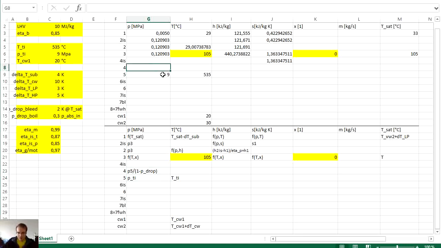Here it will be this pressure 5 divided by 1 minus our pressure drop of the boiler. And the same pressure of course has to be also in the isentropic point number 4.